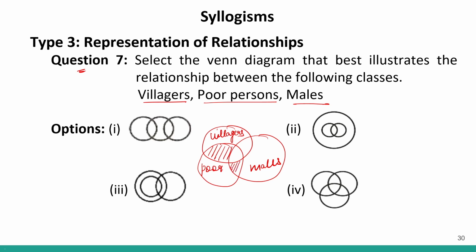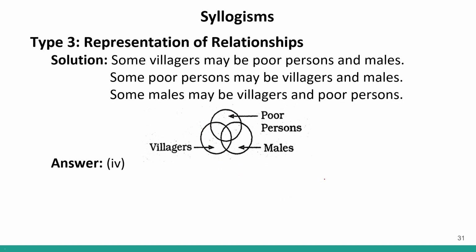Similarly, there could be certain males that are poor. Not every male has to be poor, right? Females can also be poor. Similarly, there could be certain villagers that are males. Certain villagers will be females, correct? And there could be certain poor male villagers also. So this will be the correct representation, because again, we can have overlapping from all 3 sides. This is given in option number 4, so option number 4 will be the correct answer.